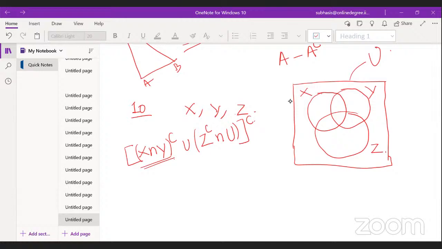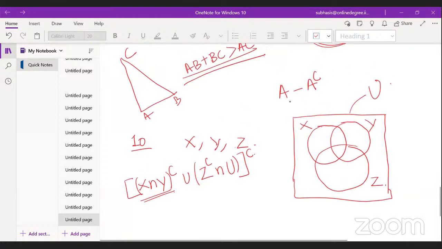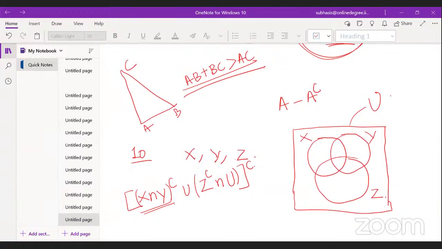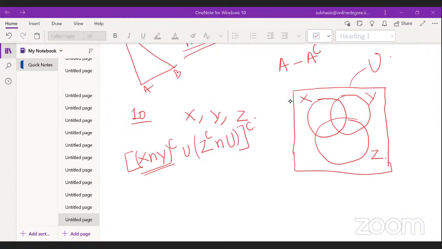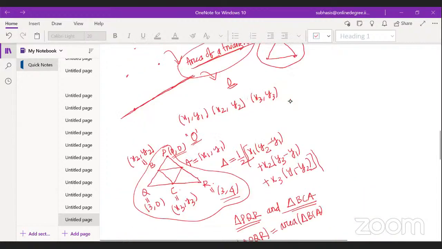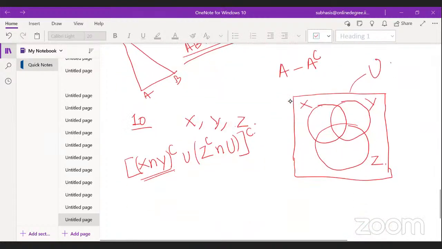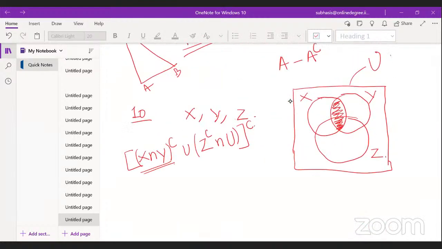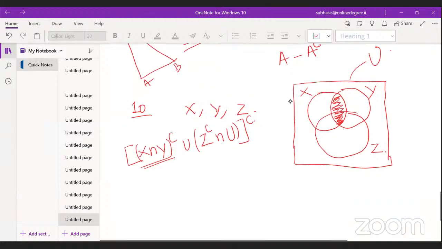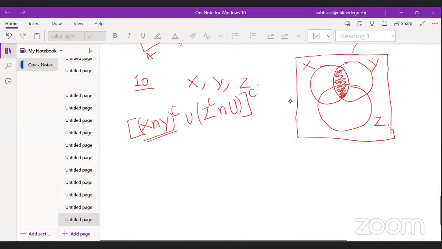So X intersection Y. What is X intersection Y? The common area between X and Y. So this is your X intersection Y, right? Then what you need to compute?